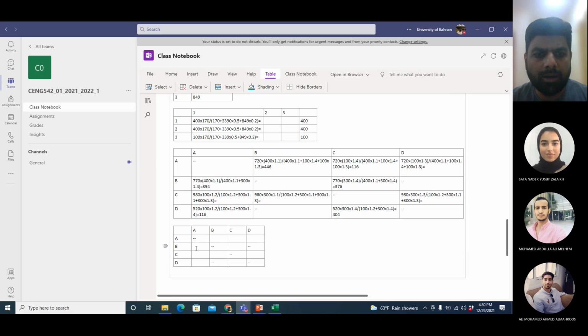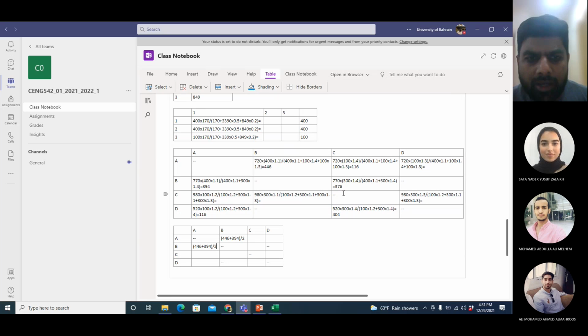So this value and this value will be equal. How much? It will be 446 plus 394 divided by 2, and the same value here as well. Whatever that value is, it will remain the same.